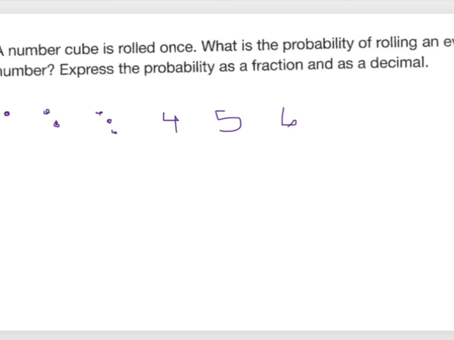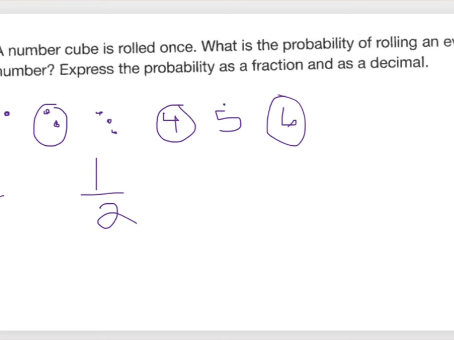What is the probability of rolling an even number? Well, this is an even number, this is an even number, and this is an even number, and there are 6 sides altogether. So 3/6 is 1/2. Expressing that as a decimal would be 0.5. So 0.5 or 1/2 would be the answer.